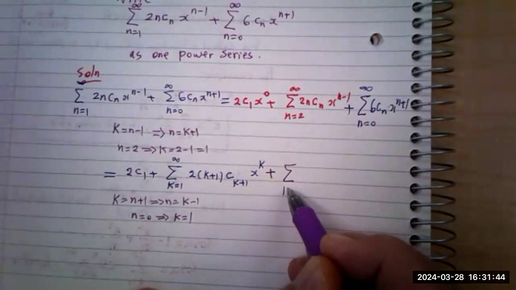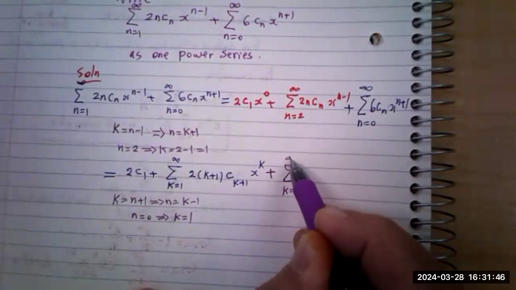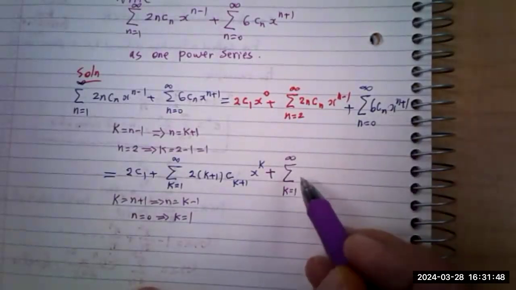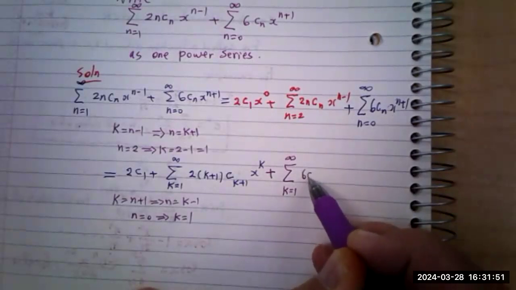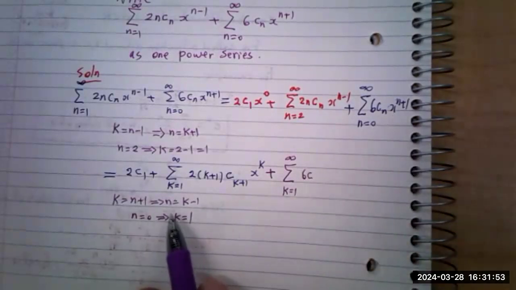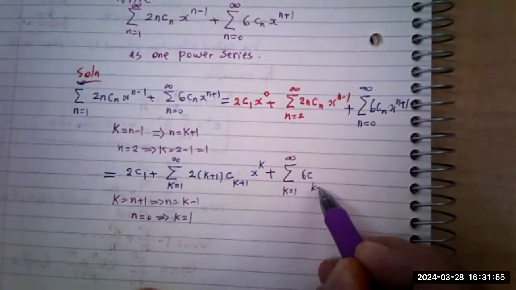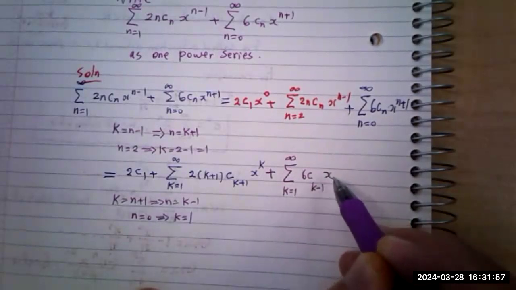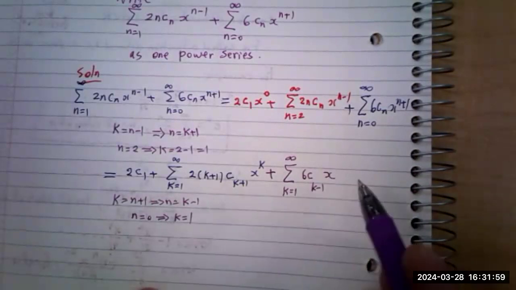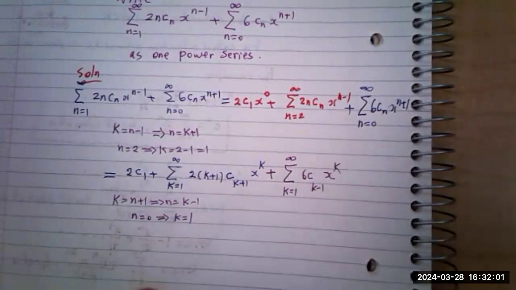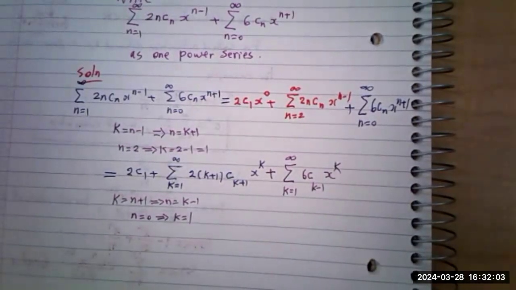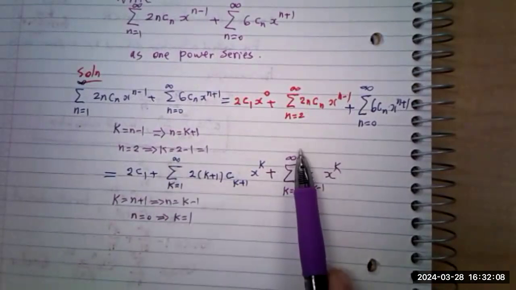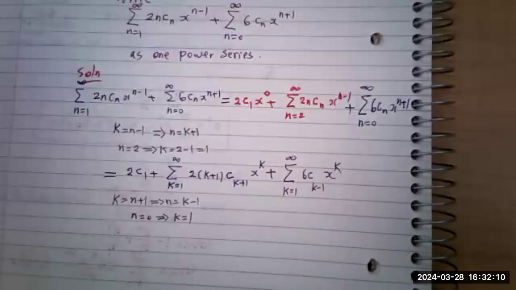So that gives k equal to 1 to infinity, 6Cn. What is n? n is k minus 1. c of k minus 1, x to the n plus 1. n plus 1 is k. Look at this one. So it starts k equal 1 to infinity, x to the k, x to the k.